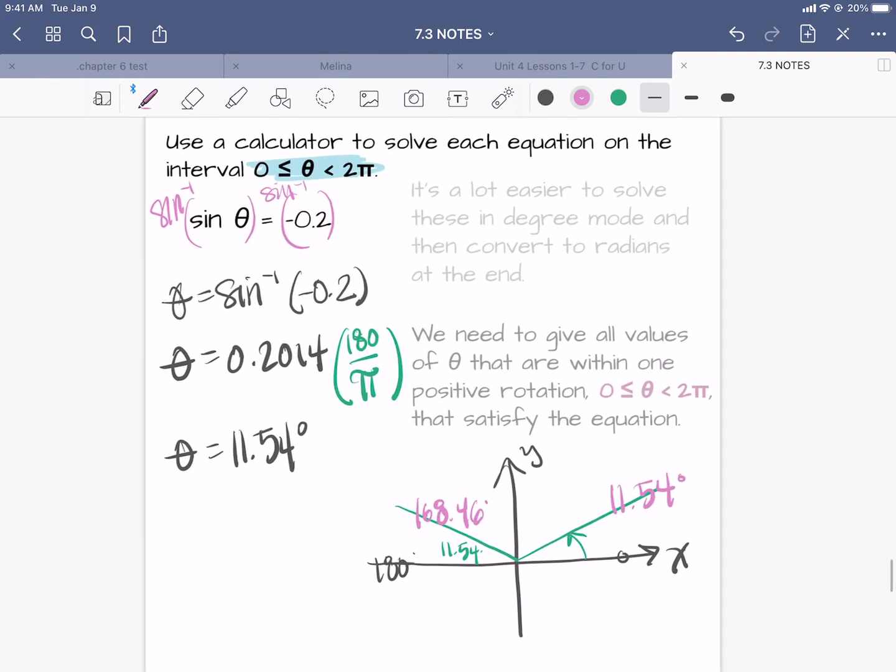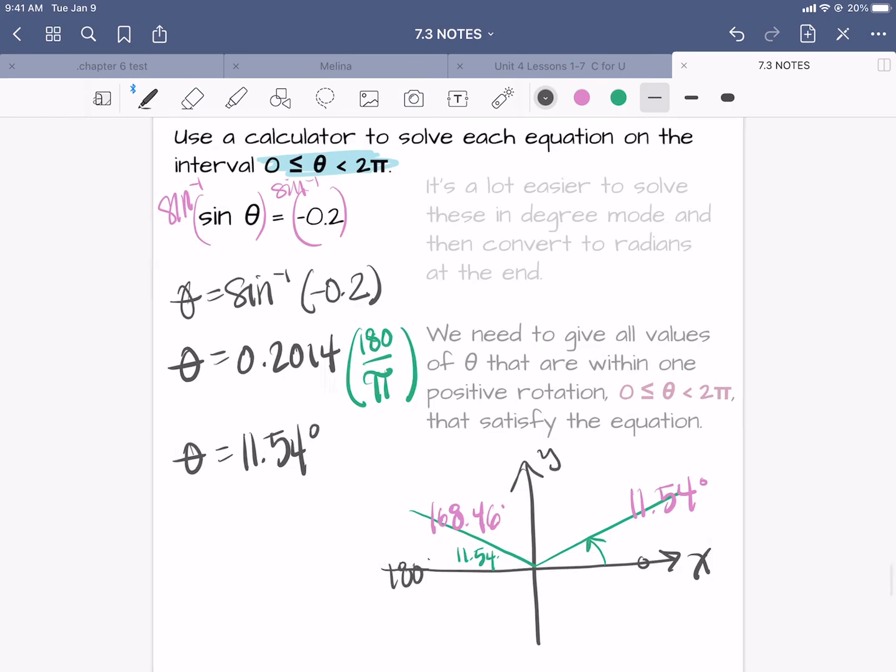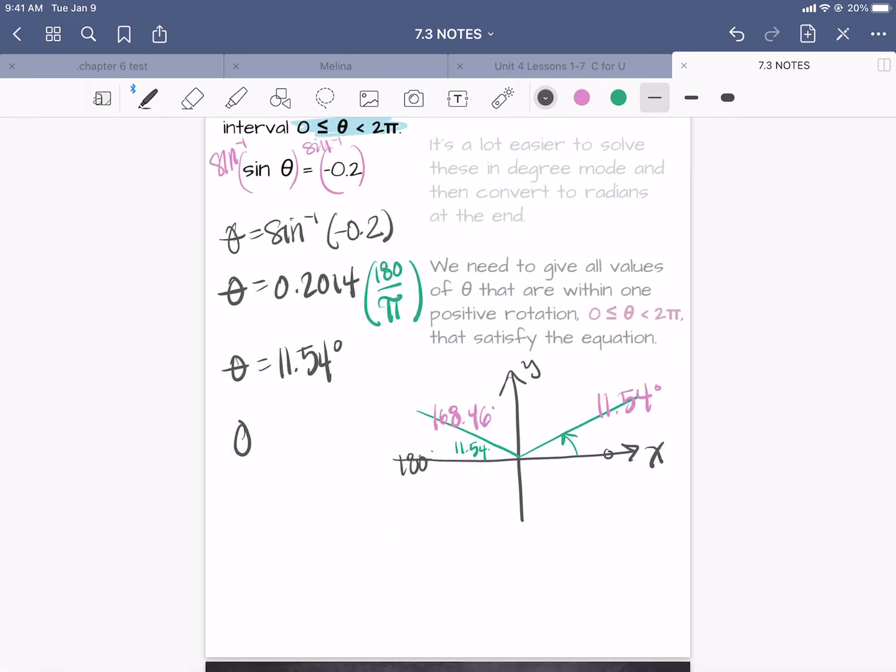Now, if you want to look in the back of the book, since I'm giving you guys the odds, because I want you to check your answers and then I'll work them out with you if you're not getting those answers, you need to turn this back into radian measure. So I'm going to multiply both of these by pi over 180.